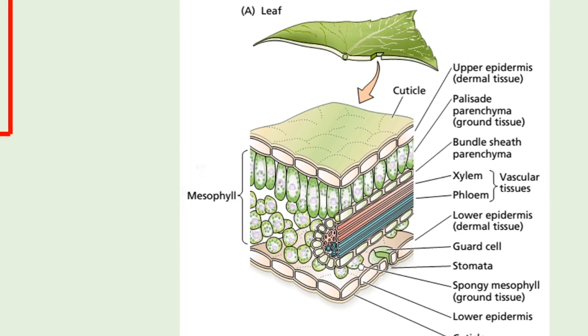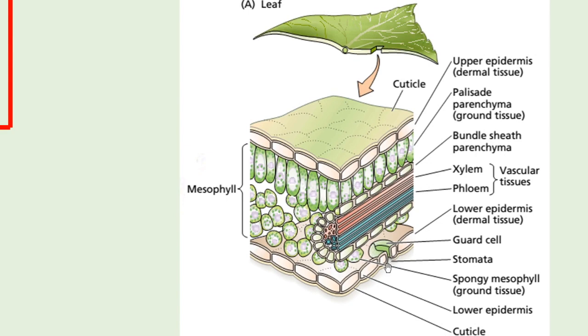Here we also see the stomata that allow the exchange of gases, incoming carbon dioxide and outgoing oxygen. And here we see the veins present in leaves. Actually, that is a combination of xylem and phloem. The xylem transports water and other minerals, while the phloem transports the produced food from the leaf.